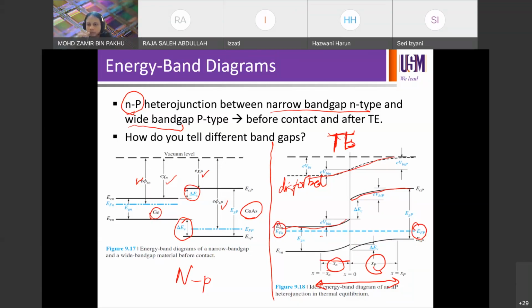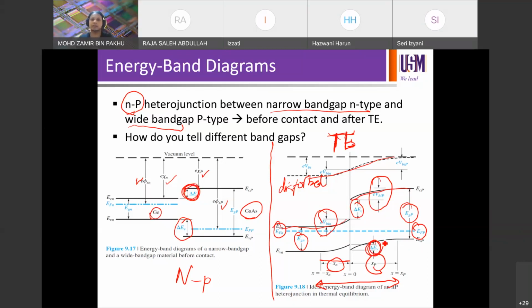Okay. So yeah, and then the VBI, the very high in gallium arsenide, and then also the VBI in germanium. The band gap in gallium arsenide, the band gap in germanium, and then the difference in EC for narrow and wide band gap, the difference in EV.